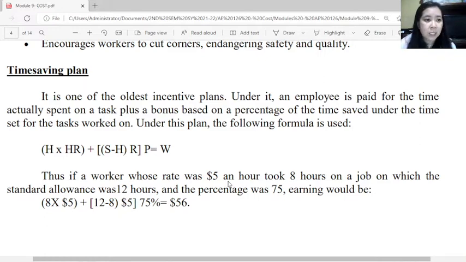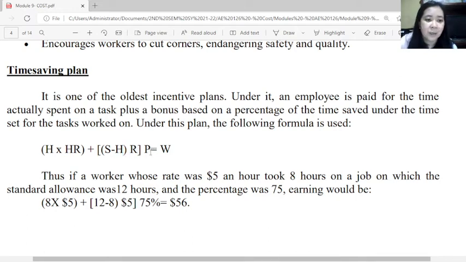In this type of incentive plan, we have the formula: the hour times the hourly rate, plus, I think S here stands for the standard hour required to produce a certain product, and H is the hour actually spent by the worker, times the rate.